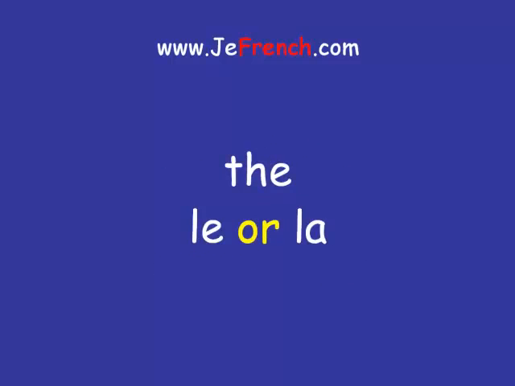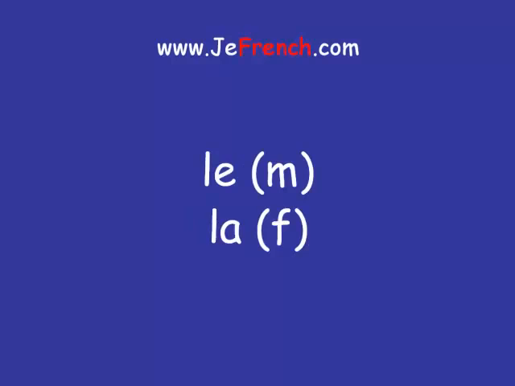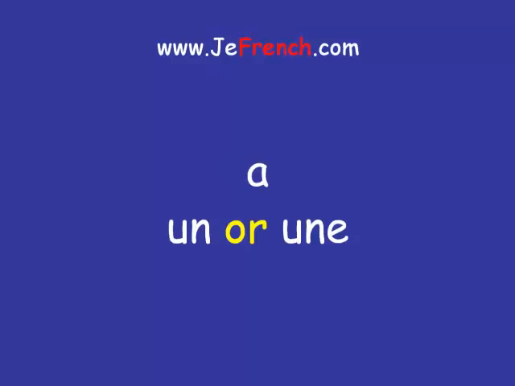Now an article like the in English, the, will be le or la in French, depending on the gender of the noun. Le goes with a masculine noun, and la with a feminine noun. A, the English A, will be un or une in French.